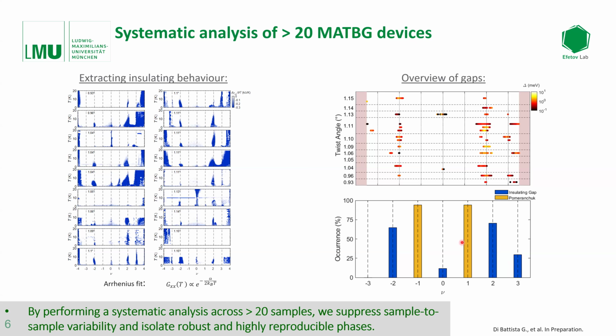However, we basically never see gaps at 1, -1, and -3. At -1 and 1, we still see some resistive peaks, which again hint to some sort of Mott-like phase, but they are definitely not developing gaps.